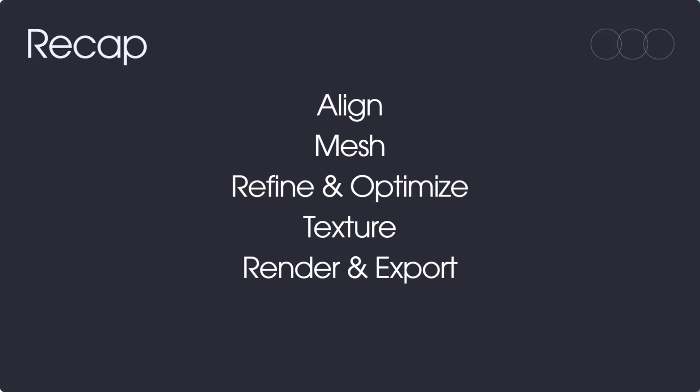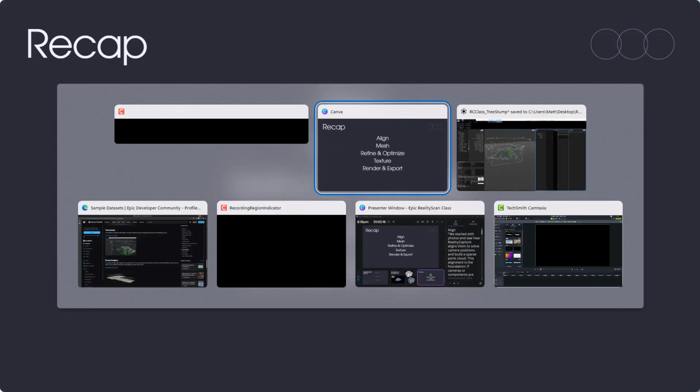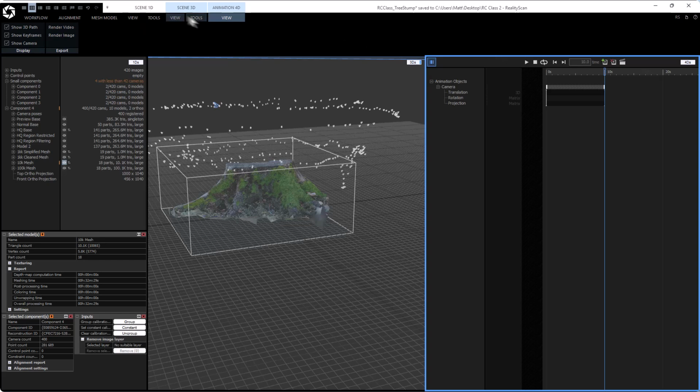And then, of course, being able to render things out, like rendering and exporting, because you can export in so many different file types, everything from OBJs to FBX. I'll just quickly flip back and show you how to go about doing that.